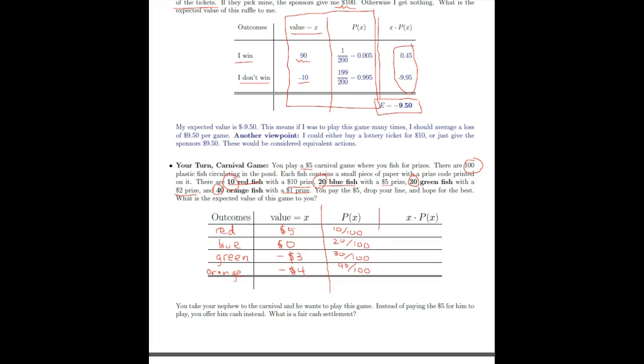Cool, so now we have our probabilities. And now we need to find our x times p of x's, and then we want to sum them all up. So 5 times 10 out of 100 is going to be 50 out of 100, or 0.5.